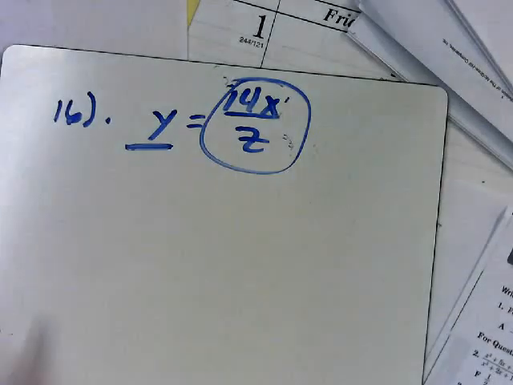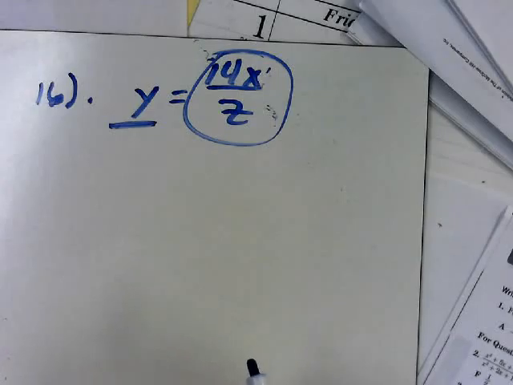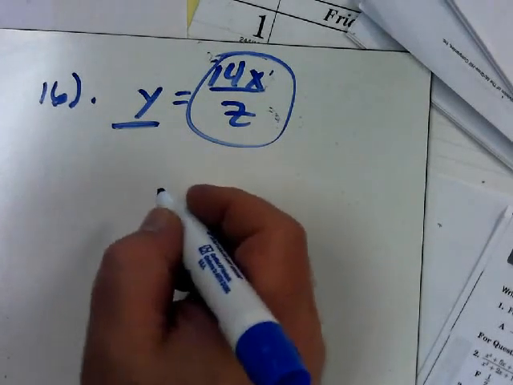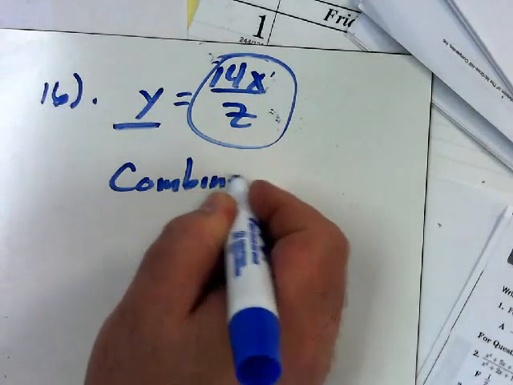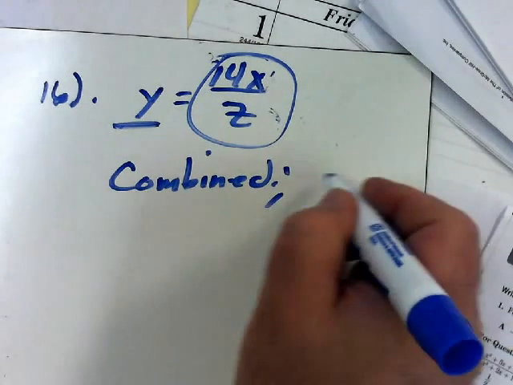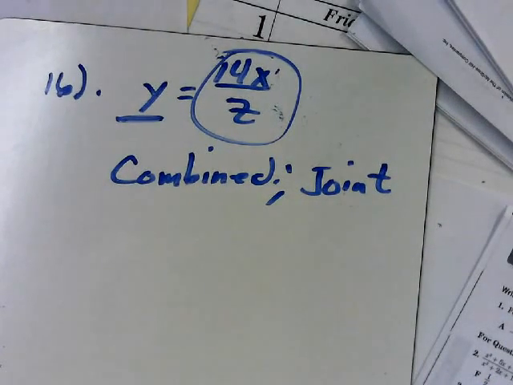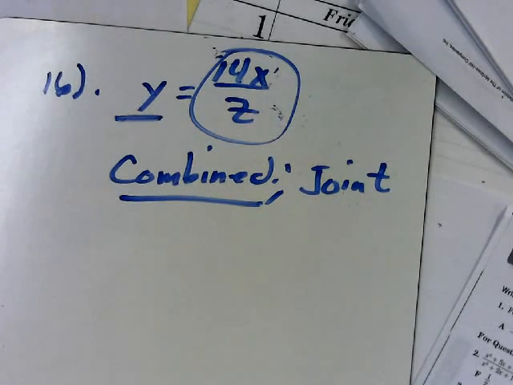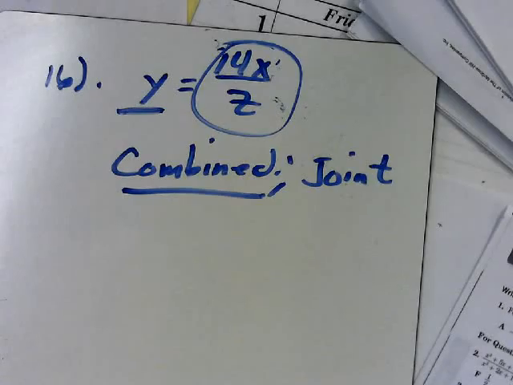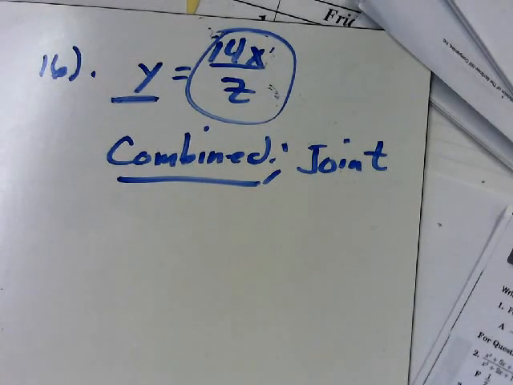Either you're going to have to give me joint or combined. I have joint, which I didn't know. According to their definition, it would be combined, but I also told you it could also be joint. But its actual answer is combined. Okay?